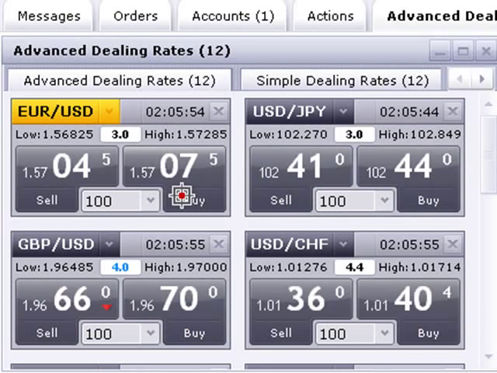In the foreign exchange market, the first currency in the pair is referred to as the base currency, and the second currency in the pair is referred to as the counter currency. So what you're seeing when you look at that quote of 157.07 is how many of the second, or counter, currency in the pair it takes to buy one of the first, or base, currency in the pair. In this example, we're looking at a quote for Euro dollar of 157.07, and what this means is that it takes 157.07 US dollars to buy 1 euro.